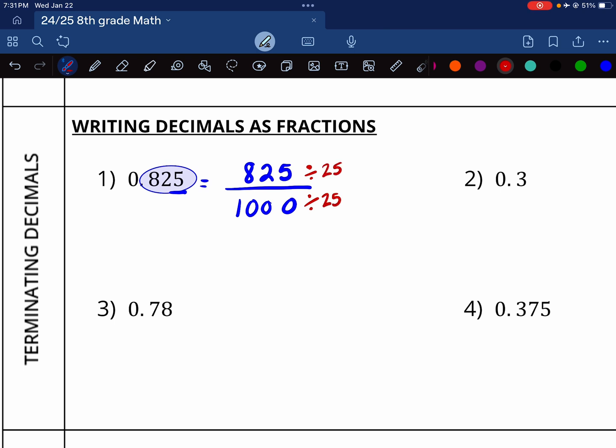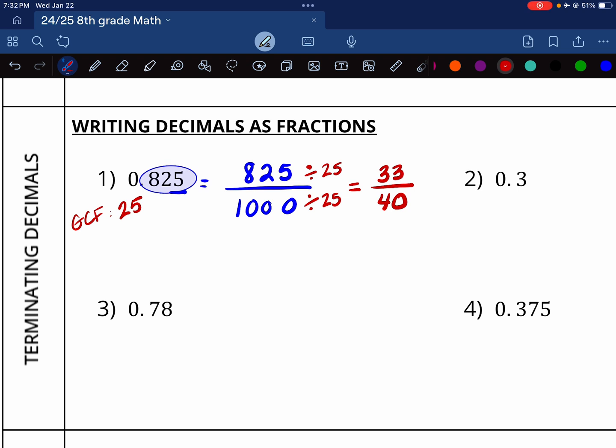I can do long division, but for time's sake, 825 over 1,000: 825 divided by 25 is 33, and 1,000 divided by 25 is 40.